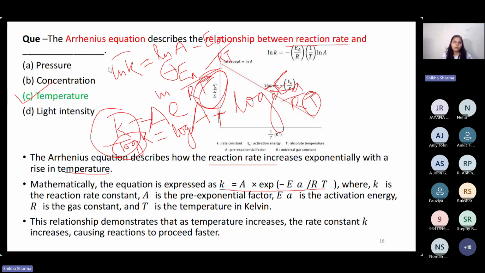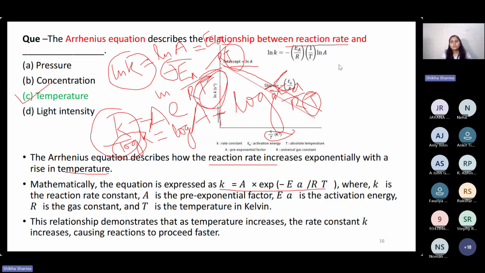So if we plot ln k against 1 upon T, we'll get an equation like this, and because this is minus, it is decreasing. ln A will be the intercept, ln k is on the y-axis and 1 upon T on the x-axis.